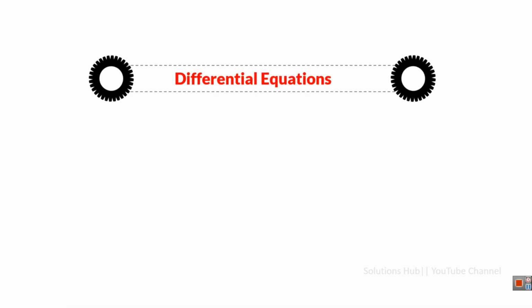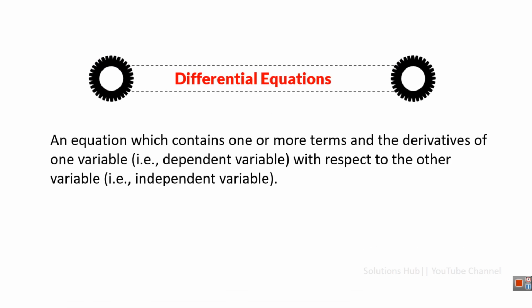So first we have the definition of a differential equation. Any equation which contains one or more terms, and the terms can be of many kinds. Terms can be algebraic, trigonometric, a mixture of both, or some transcendental functions. So any equation that contains some terms and the derivatives of one variable, that is the most important part.